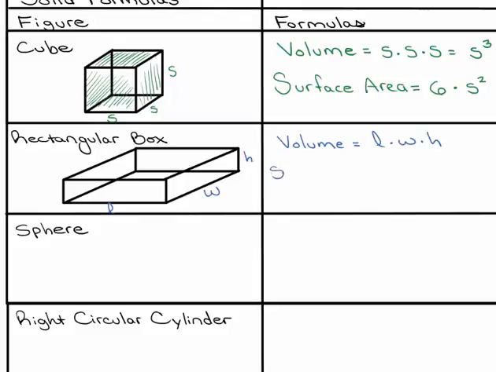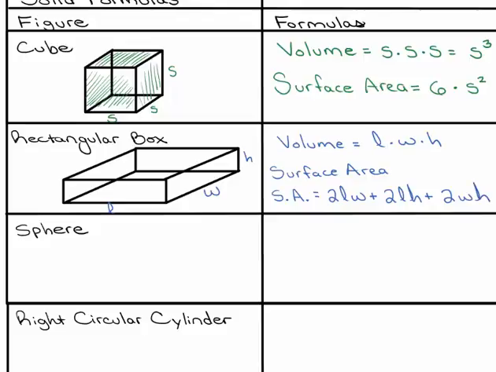To find the surface area, probably what I'm going to do is write SA, so I have a little bit more space to write. We need to multiply 2 times the length times the width plus 2 times the length times the height plus 2 times the width times the height.